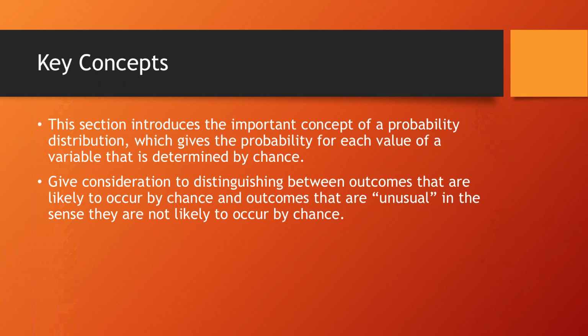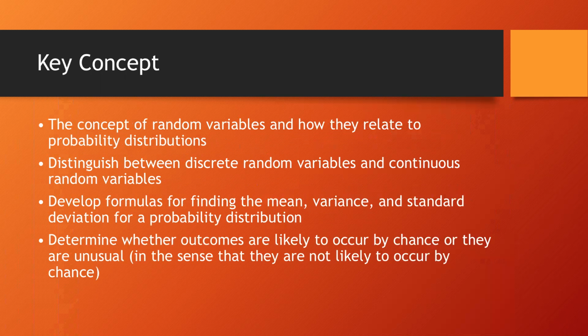We'll also talk more about unusual events, in the sense that they are not likely to occur by chance. We'll distinguish between random variables for discrete variables and continuous variables. You might recall discrete is finite and countable, and continuous is infinite and not countable, infinitely many values. We'll develop formulas for finding the mean, variance, and standard deviation for a probability distribution, and determine whether outcomes are likely to occur by chance or are unusual, in the sense that they are not likely to occur by chance.